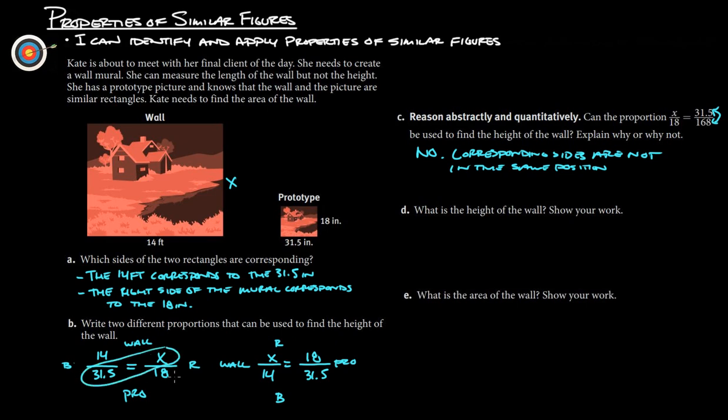I'm going to do this times this equals this times this. If you notice over here, x times 31.5 and 14 times 18, they're going to be the exact same thing, right? So if we do that, then 14 times 18 is going to equal 31.5 times x.